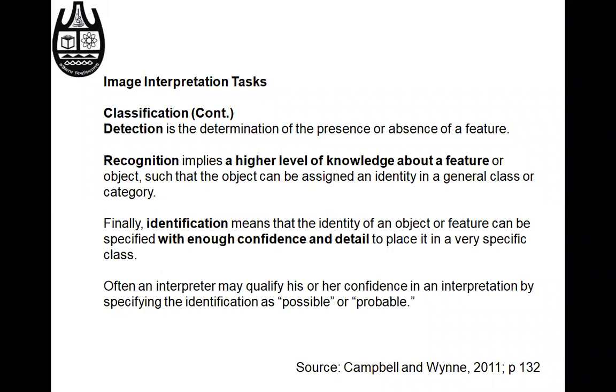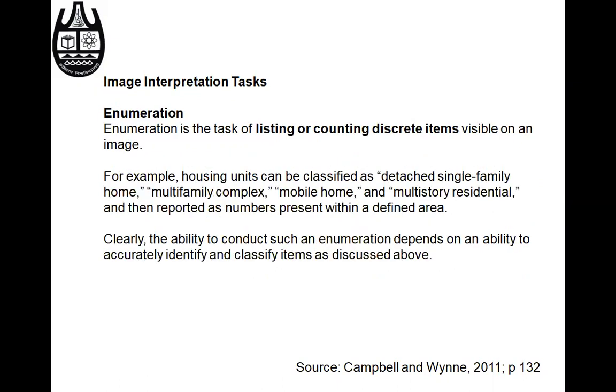Okay, so this is the first level of your task, that you classify your image. And then what do you do after image classification? You want to enumerate it. Enumeration means you want to count or list the things you get. For example, you may want to know what different buildings you have in there.